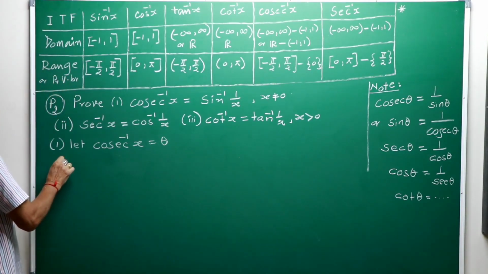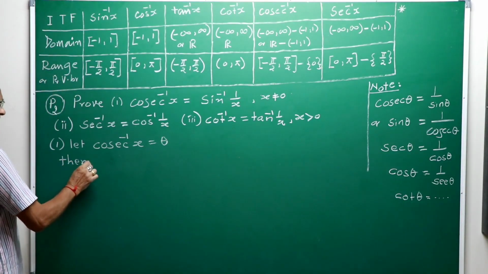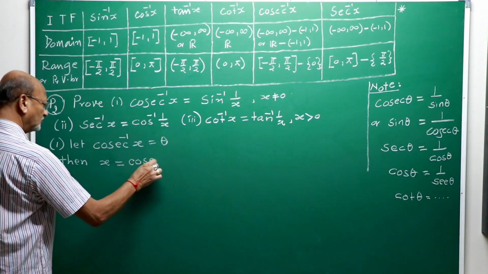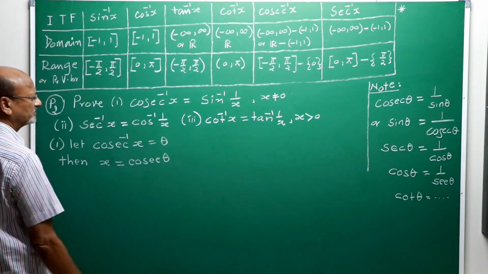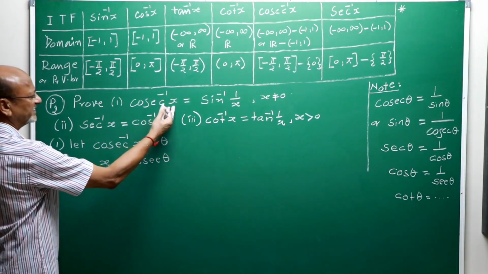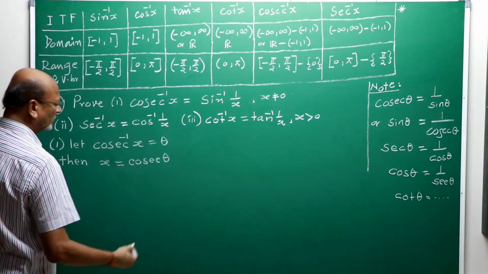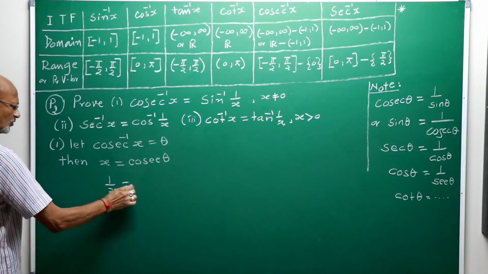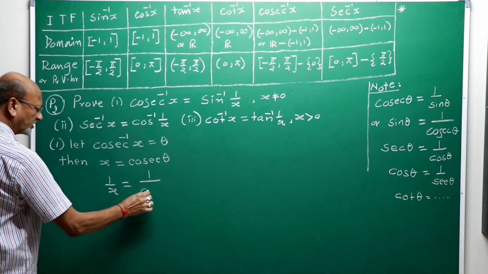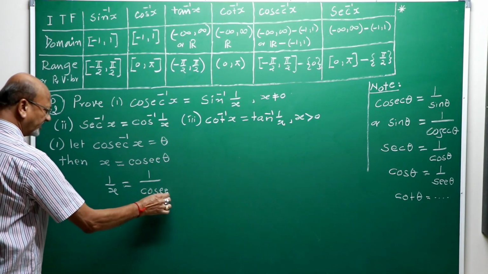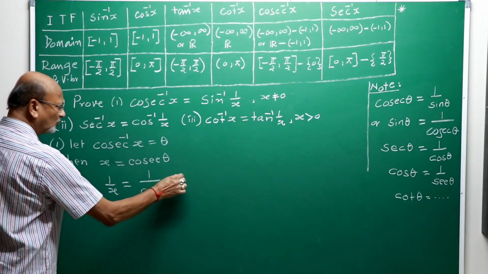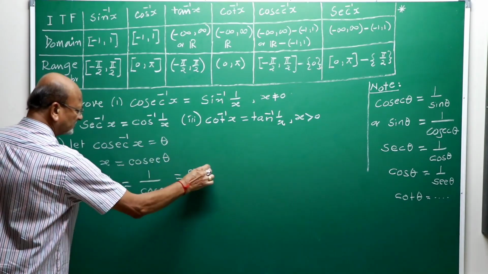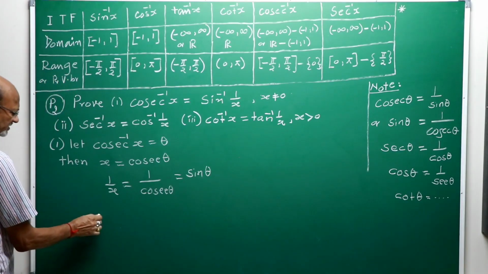Then by definition, x equals cosec theta. But what you wanted, this x will convert into 1 by x. Take the reciprocal of cosec, 1 by cosec. What is 1 by cosec? It is sin theta. Yes, my friend.